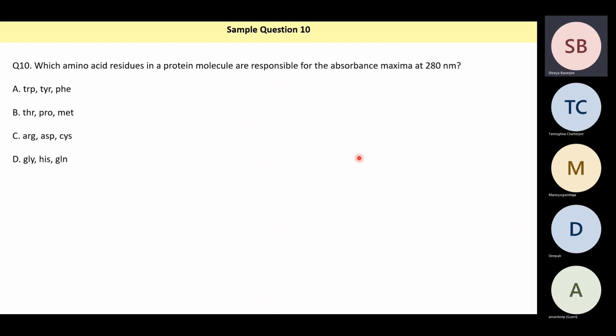The last question for today is: which amino acid residues in a protein molecule are responsible for the absorbance maximum at 280 nanometer?